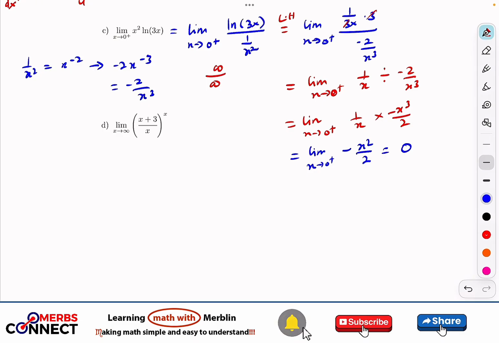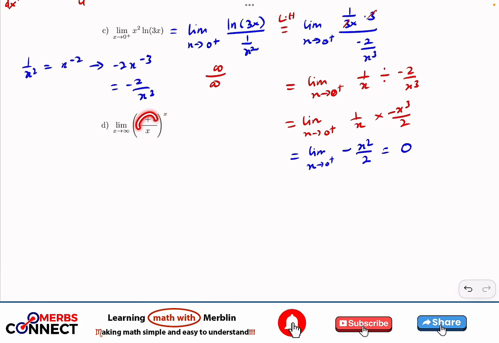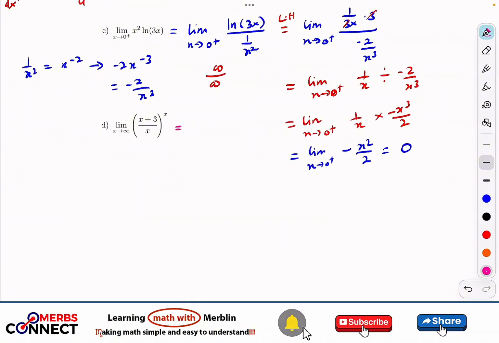Let's do this one, and then we do the last question, which is question 10, and then we are done. Now, anytime we want to find a limit where the base is in terms of x and it is raised to the power x, we need to set this equal to L, and then we take the natural log of both sides.